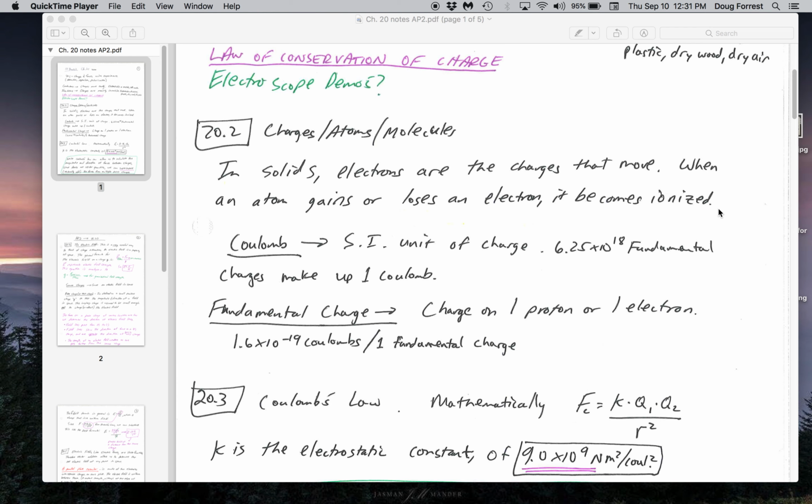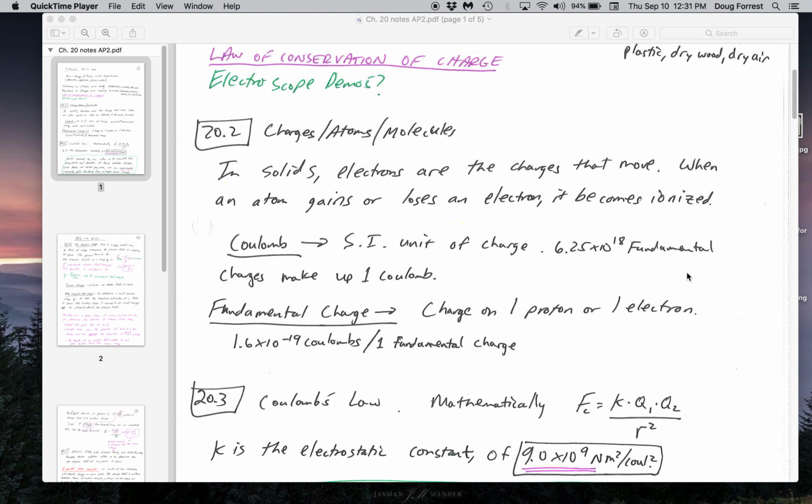The coulomb is the System International, or SI, unit of charge. That is equal to 6.25 times 10 to the 18th fundamental charges. Each electron and proton has one fundamental charge, or the reciprocal of that, which is 1.6 times 10 to the negative 19th coulombs. So the charge on an electron is negative 1.6 times 10 to the negative 19th coulombs.